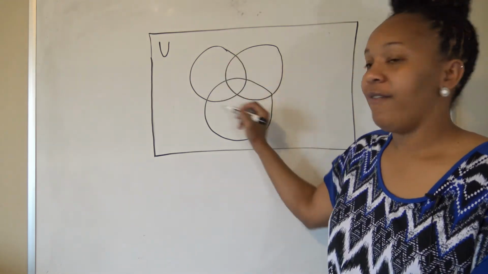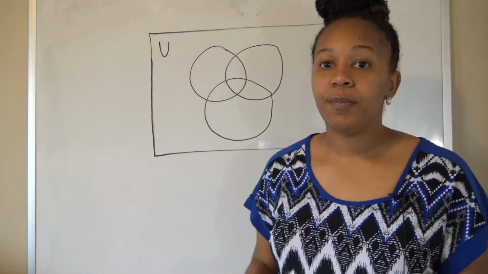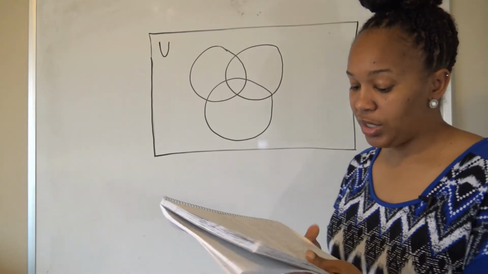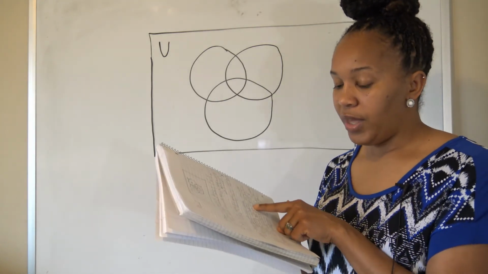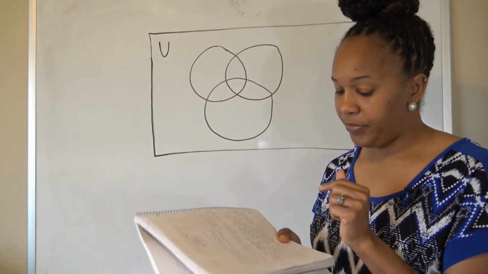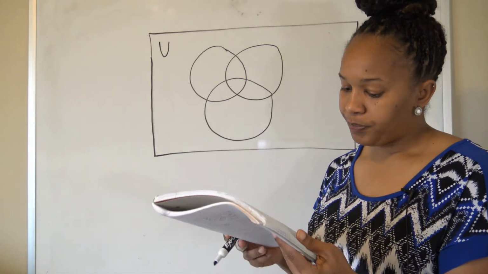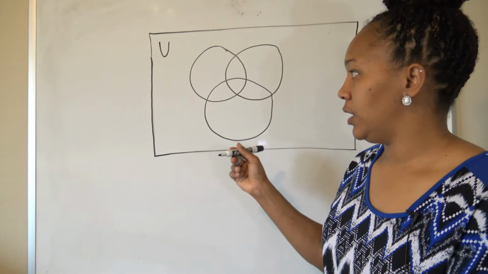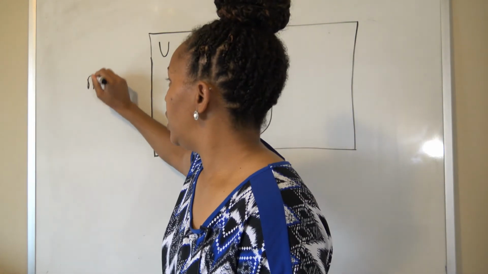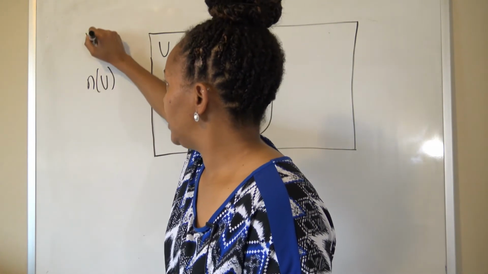And so that's why I have this blank Venn diagram up here. So I have 3 sets because there are 3 different things that were surveyed. First of all, the universal set. So N of U is the universal set, and this is example 4.